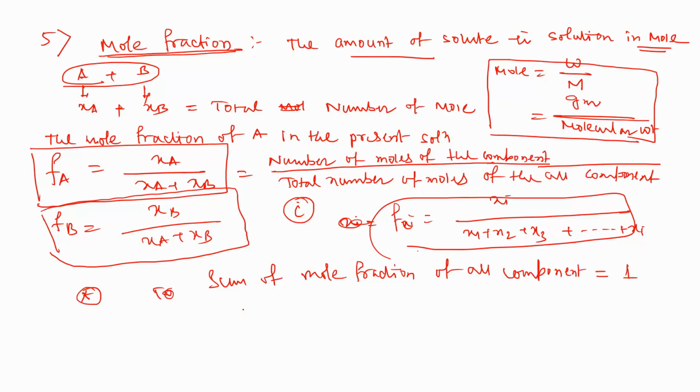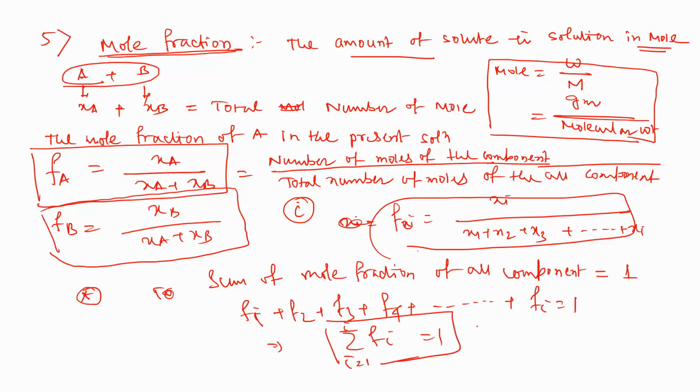That means f1 plus f2 plus f3 plus f4 plus dot dot dot f of I equals 1. So the sum of f of I, where I goes from 1 to I, equals 1.